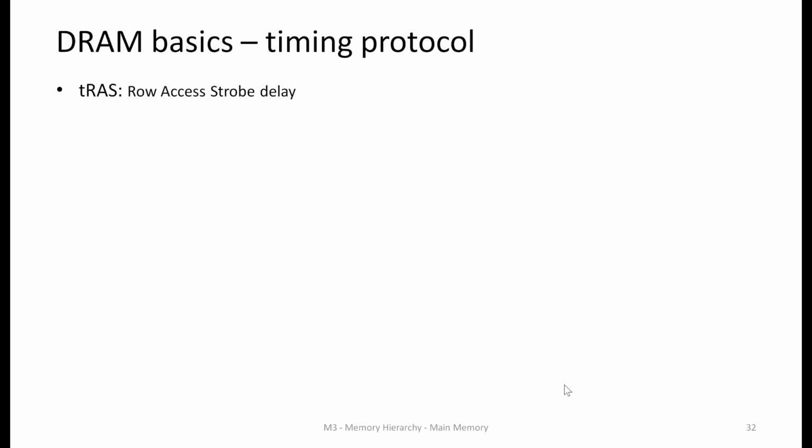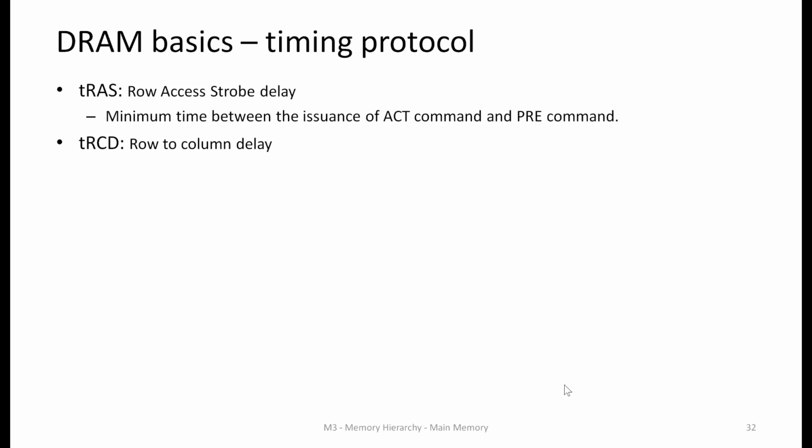tRAS is the row access strobe delay. Basically, it is the minimum time between issuing an ACT command and a PRE command. So only after tRAS time, after sending an ACT command, we can send a PRE command. Another timing is tRCD, which is row to column delay.